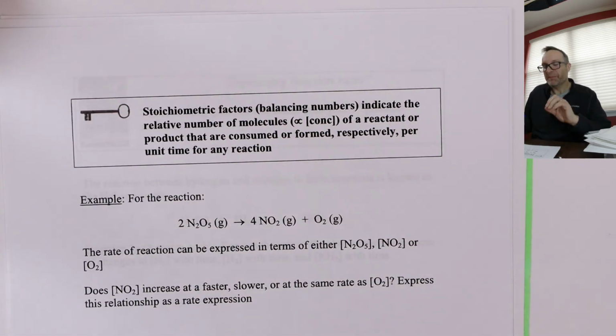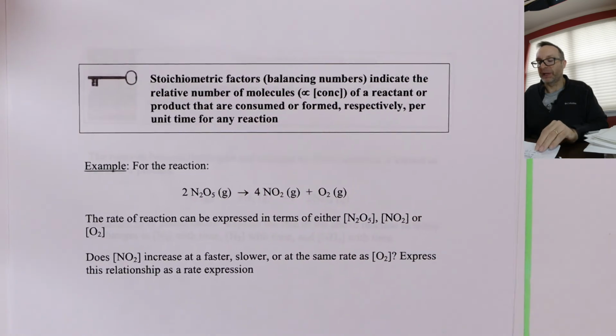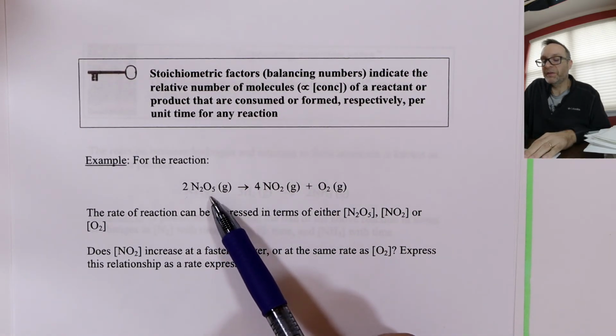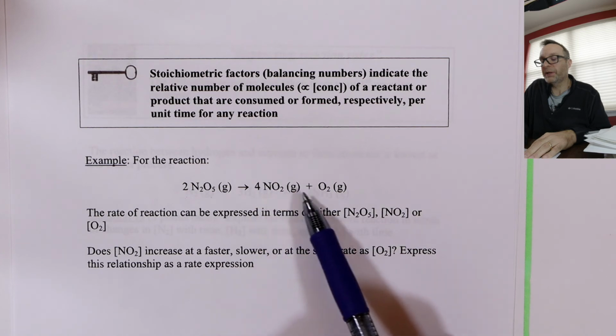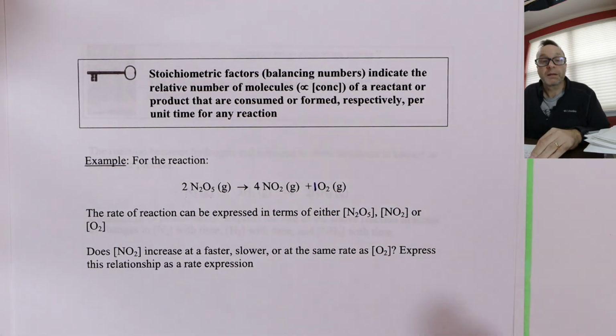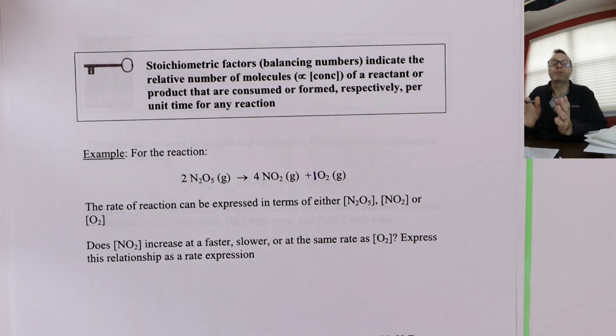But what about where we have non-1 balancing numbers? Let's go back and look at that equation we had previously: 2 N2O5 makes 4 NO2 and 1 O2. You can use logical steps here just to figure it out in your head, but at the end we'll show you it's nicer to use an equation.